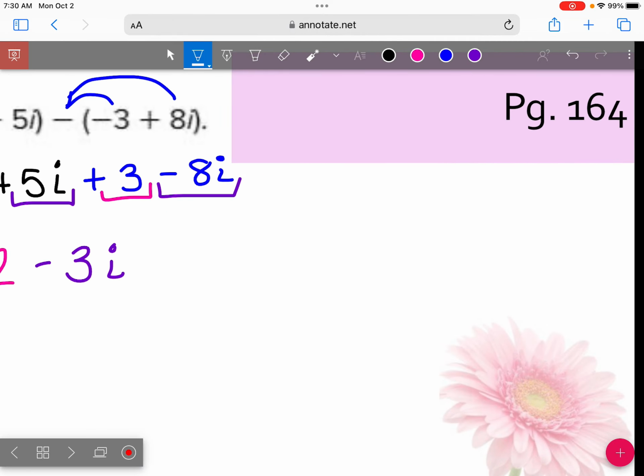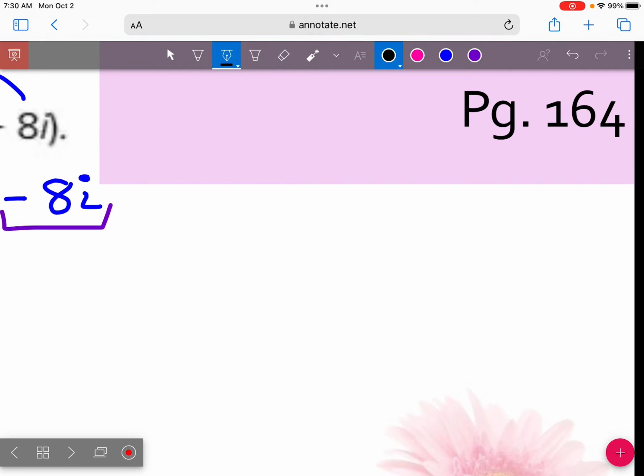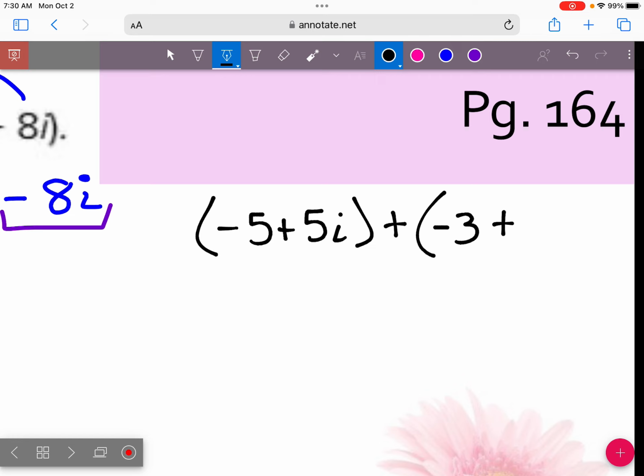So we didn't do an adding one, so I'm going to make up an adding one real quick while we've done a subtraction. So let's do, we'll just take these ones. Let's do negative 5 plus 5i plus negative 3 plus 8i. Let's do an adding one, because we haven't done an adding one with these complex numbers yet. But it's the exact same vibe.